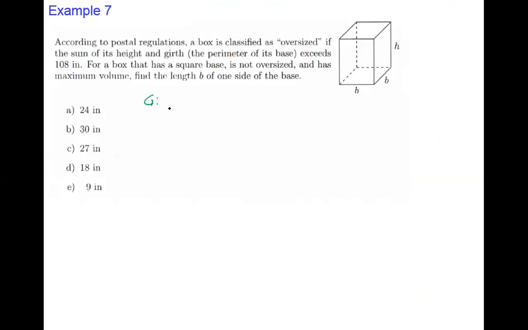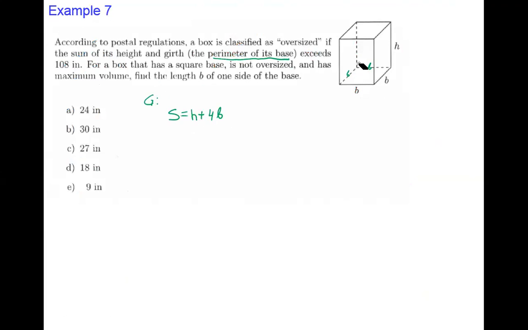I can write maybe this. Given information is telling me the sum of height and the perimeter of its base, which, since we have a square base, will be 4 times the base. Base, base, base, base, the side.